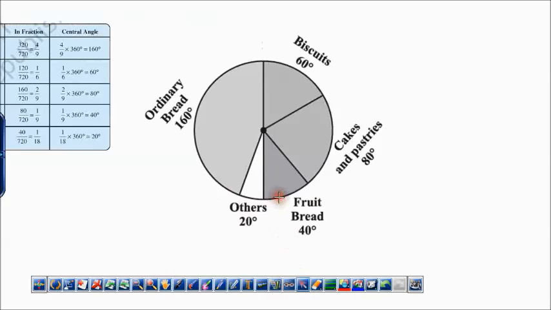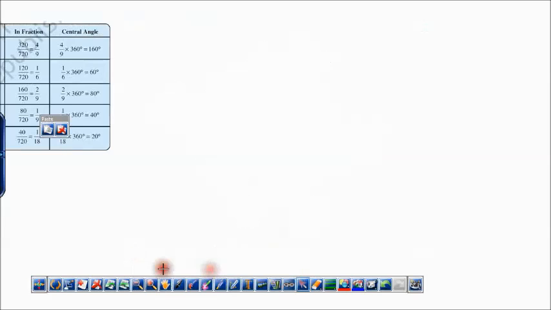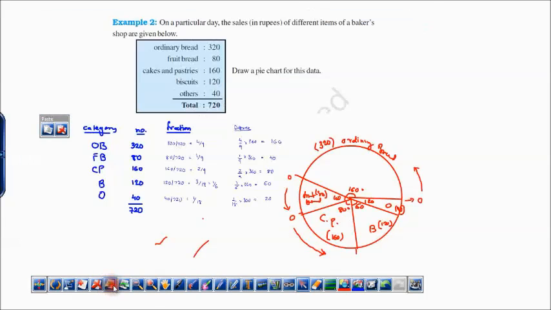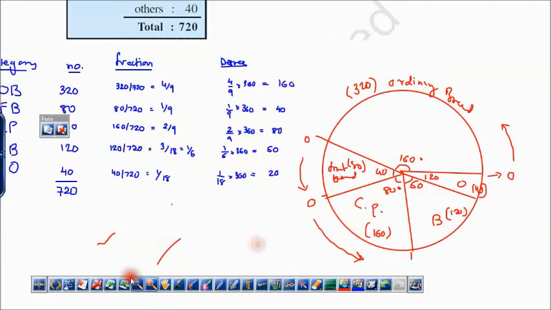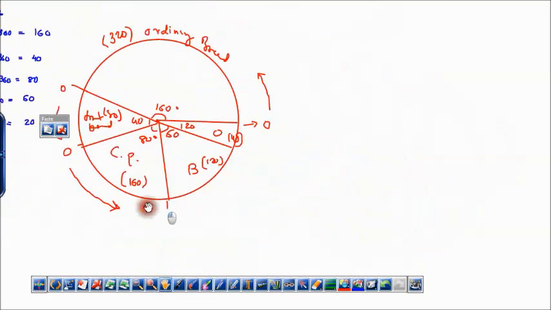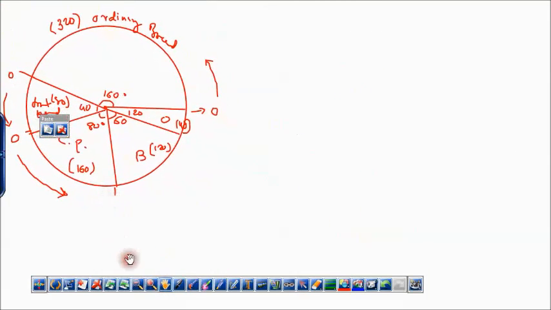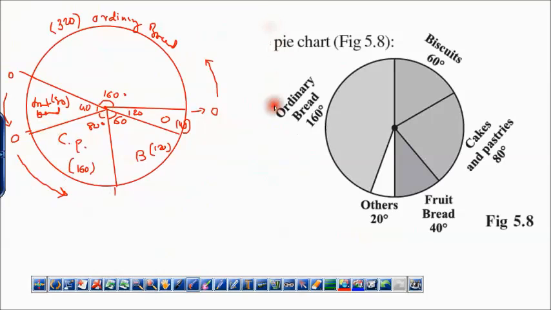Let me tell you one important thing. Do you think this looks different? Yes. Why do they look different?